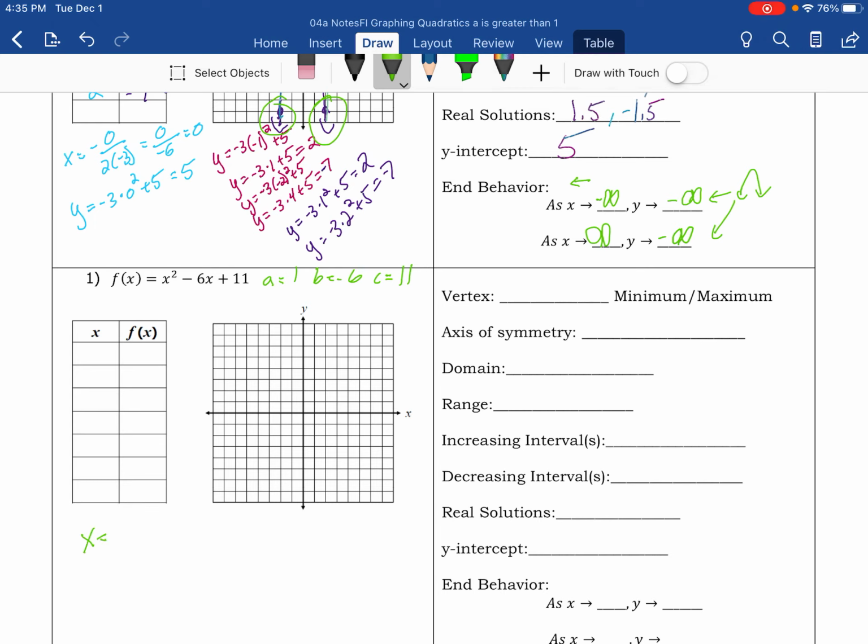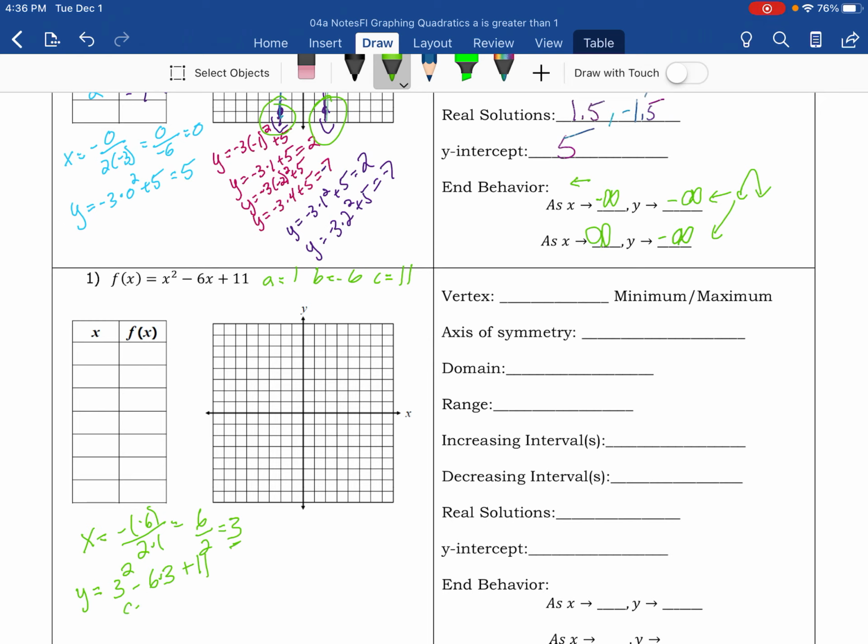First thing I do is find my vertex. X is equal to -6 over 2 times 1, because it's negative b over 2a. So that's going to be 6 over 2, which is equal to 3. That's the x value of my vertex. To find the y value of my vertex, I replace my x value with 3, so it's 3 squared minus 6 times 3 plus 11.